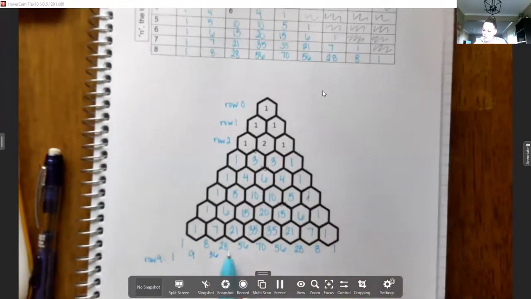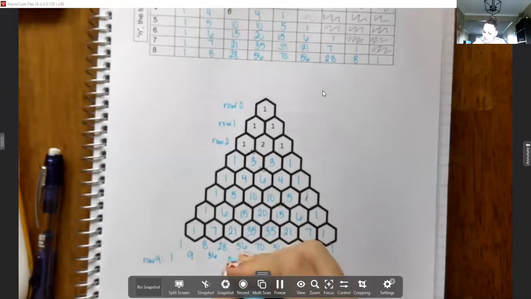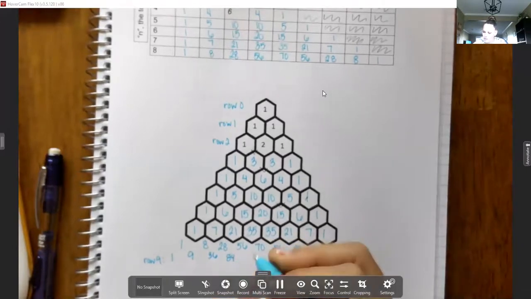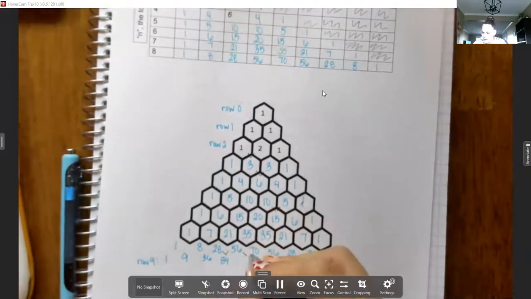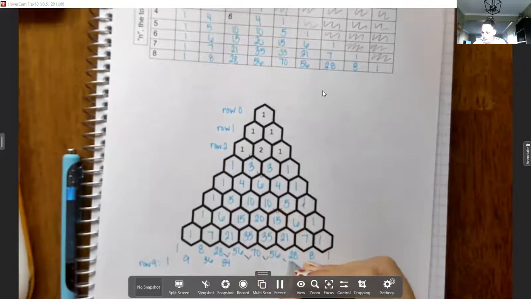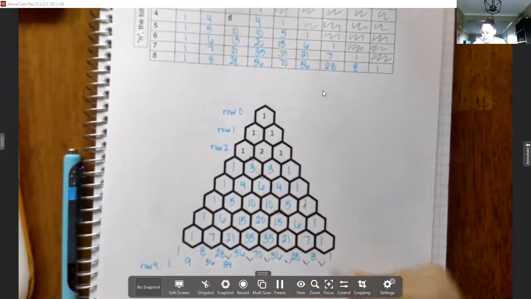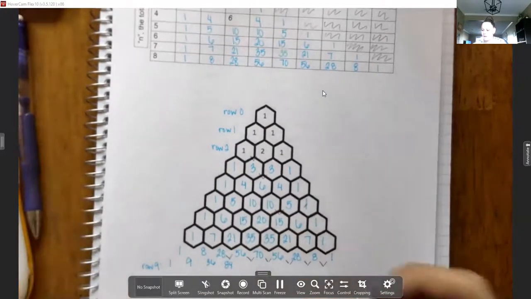Here we're going to do 28 plus 56. So this one will be 84. Again, we're adding each of these. And then it's always ones on the outside.